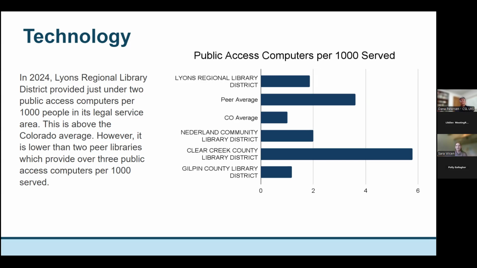Like, they have 0.034 computers per one person, what does that mean? So if you multiply it and scale it up for every 1,000 people, it's easier to conceptualize that Lyons has close to 2 computers per 1,000 people that they serve.